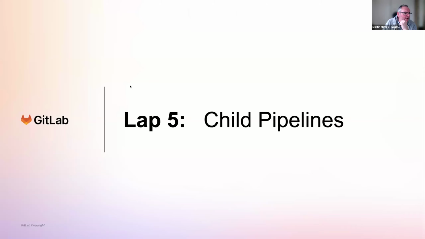What we're doing now in lab 5 is we're getting a bit more advanced, and we're getting into the realms of, we've talked about composability and modularity with templates. What about composability and modularity with different parts of our application that we're building, for example? So we're going to look at things like child pipelines and how we can use child pipelines to help us build our applications in a more efficient way, but also organize our applications in a more efficient way as well.